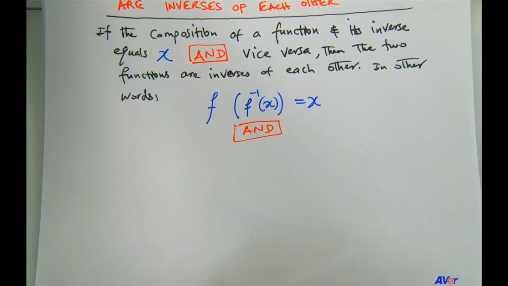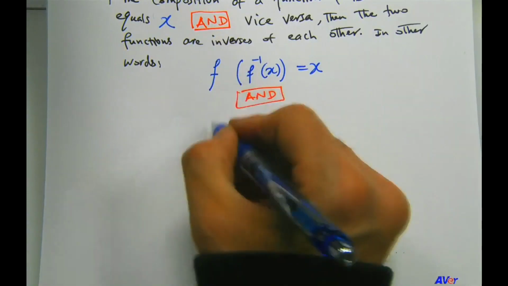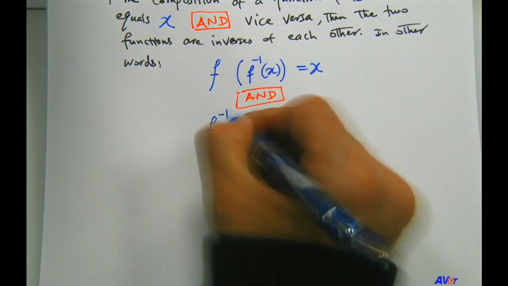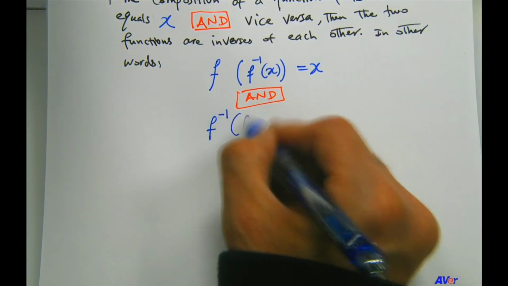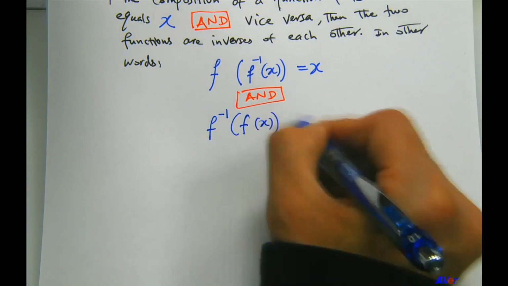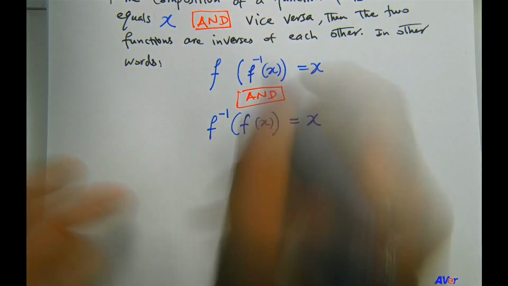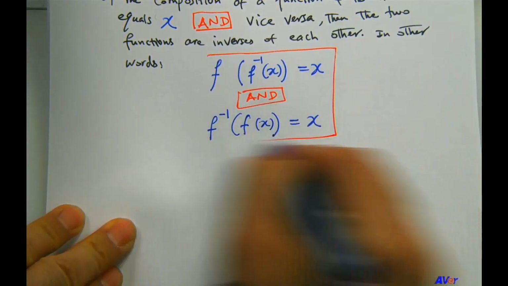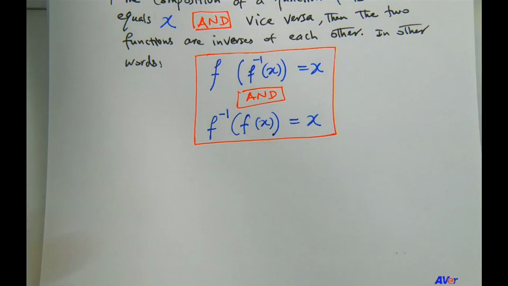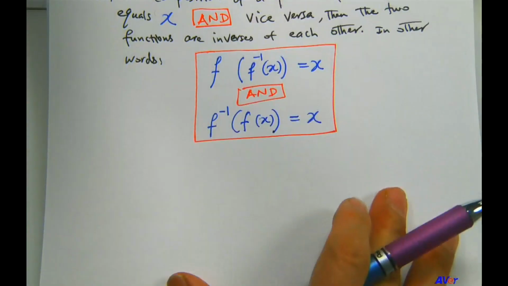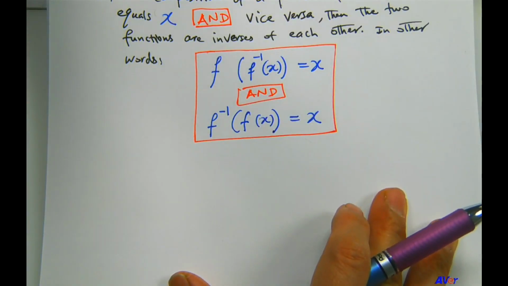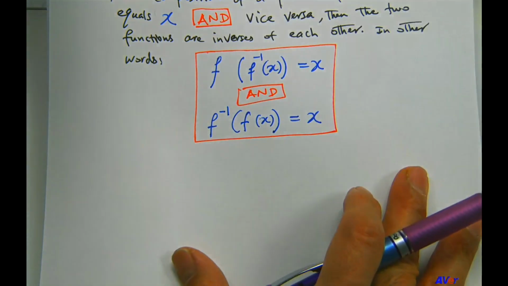And vice versa, the composition of the inverse function and the original function should also be equal to x. These two should be true at the same time. Individually, they're not sufficient, but together they are sufficient proof that two functions are inverses of each other.